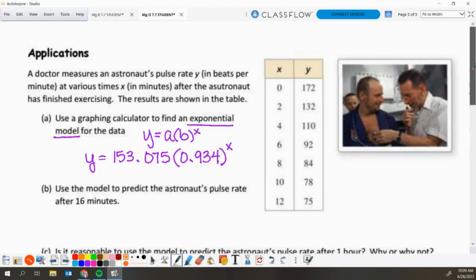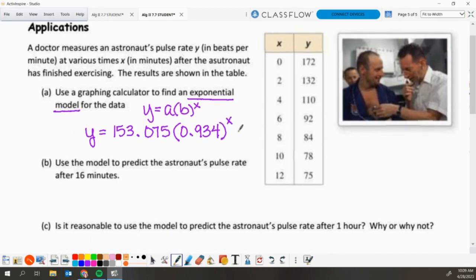Okay, so part B, use the model, so the equation we just wrote right here, to predict the astronaut's pulse at 16 minutes. 16 minutes, are they giving me the X value or the Y value? They gave me the X, so we're plugging it in place of the X here, and we're getting the Y, the pulse rate here. So we're going to plug into the calculator in place of the X, we're going to put 16. So type this into the calculator, using a 16 for the x.